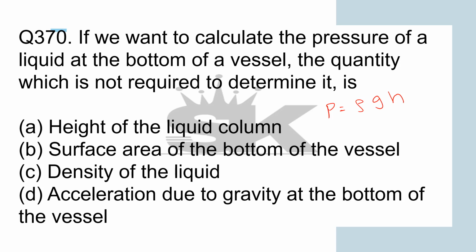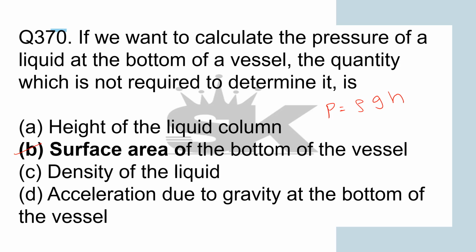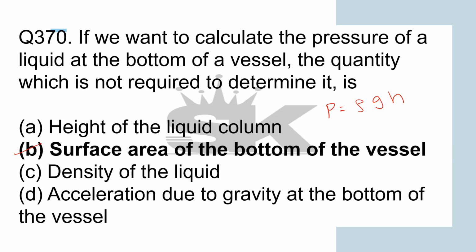Surface area of the bottom of the vessel, it is not in the formula. Density of the liquid, it depends on the density. Acceleration due to gravity at the bottom of the vessel, it's also dependent. So the answer here is surface area of the bottom of the vessel. Okay.